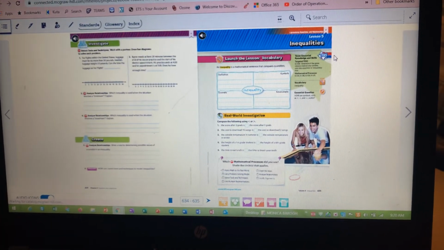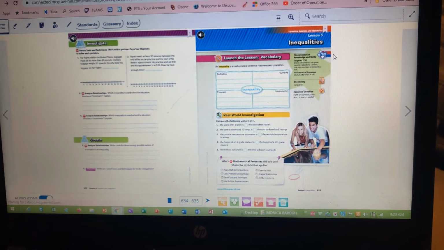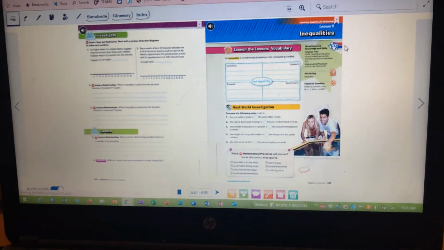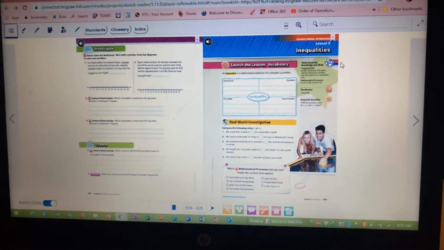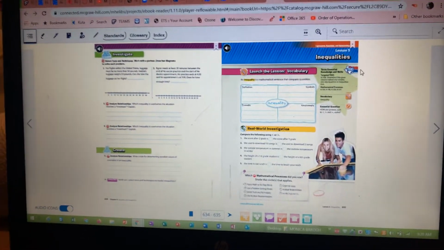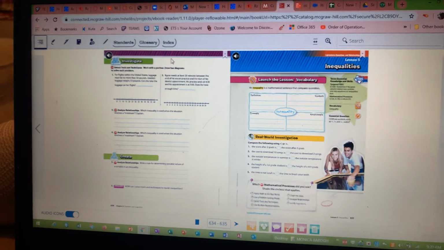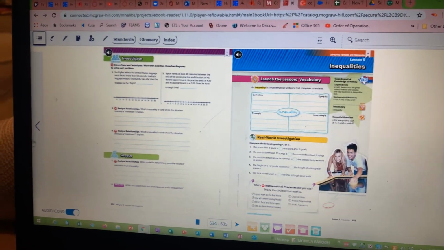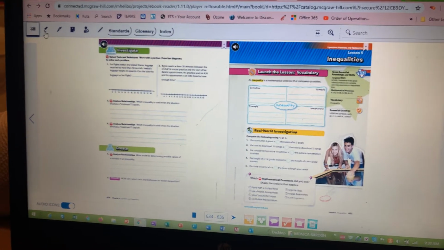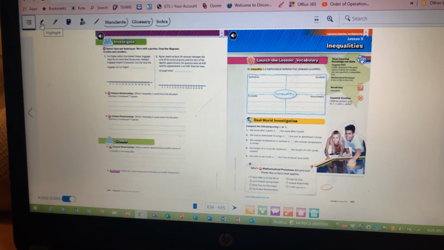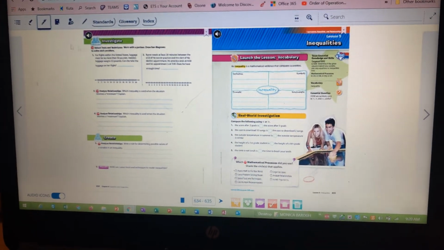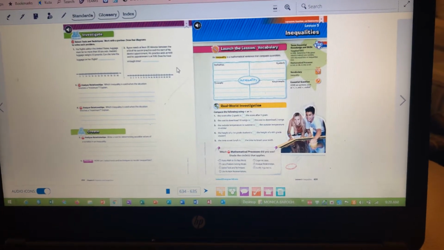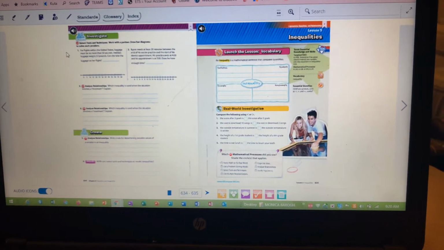And here it starts the textbook right at the beginning of that lesson that we clicked on, which was Lesson 5, Inequalities. And something that I had not shown you how to do yet is that you see the pens over here? That's a highlighter. That's a pen. So you can click on the pen and you can write over here.